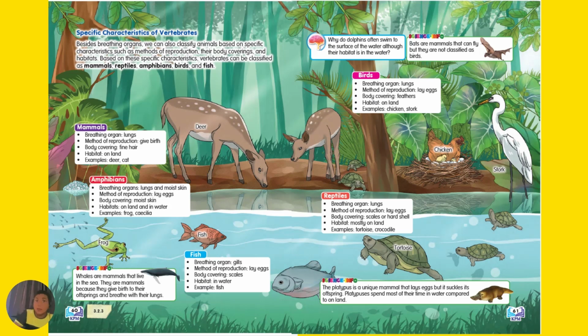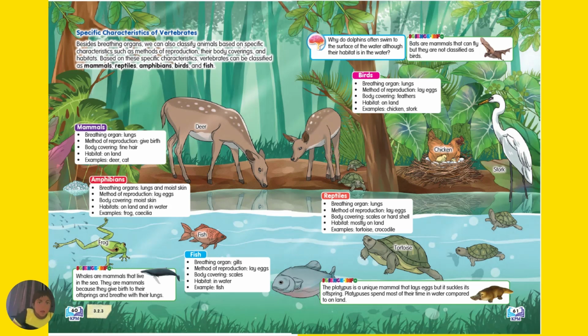Is a dog a mammal? Yes, a dog is a mammal because the dog reproduces by giving birth and then it will give milk to the puppies. Same as mice and hamsters, elephants, goats, cows, all those animals are mammals.